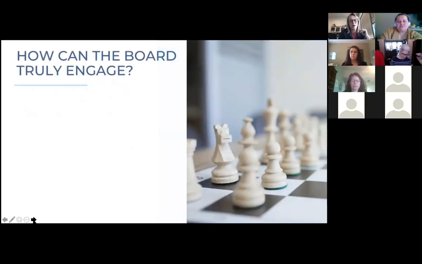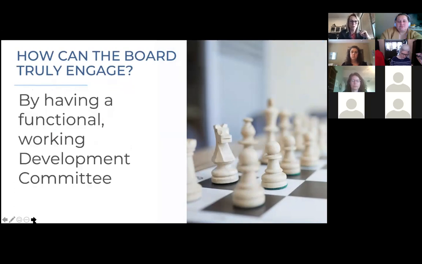Okay, so how does the board truly engage? Probably the most common question. And if you're thinking about fundraising in particular, we're going to talk about how a functional working development committee can create the kind of engagement that most development professionals, I think, are looking for. And here's the reality, right? You're never going to get this kind of engagement from every board member.